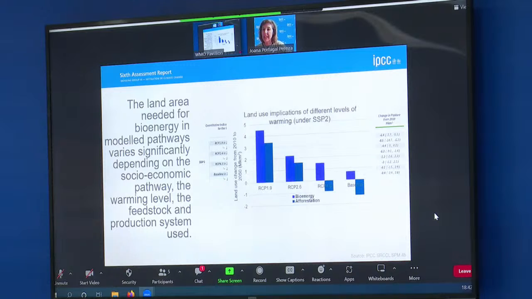You clearly see increasing requirements of land for lower global warming levels. But again, as I just mentioned, that does not include and model the foreseen climate impacts of upper levels of global warming.